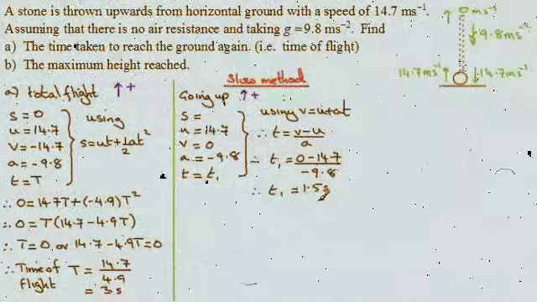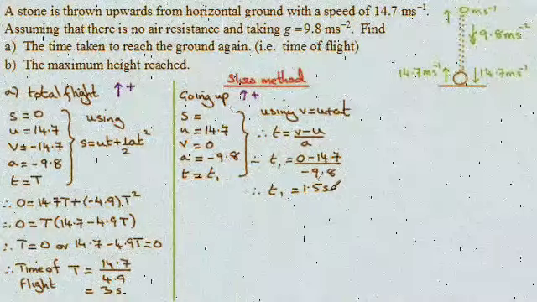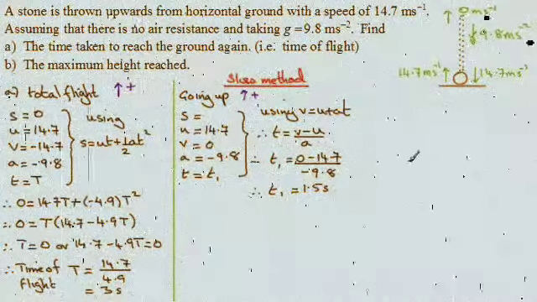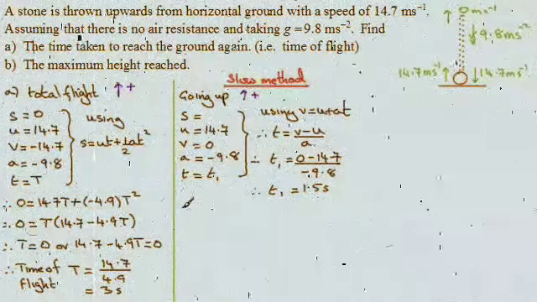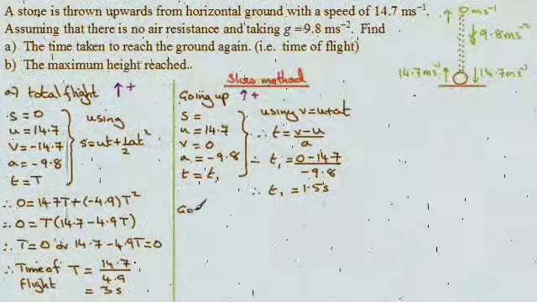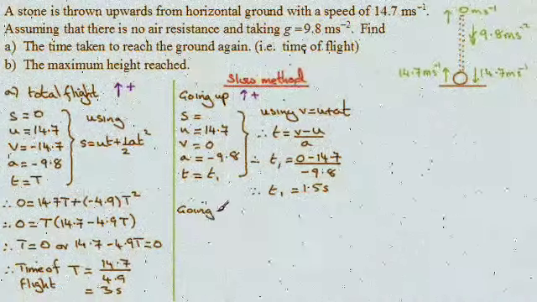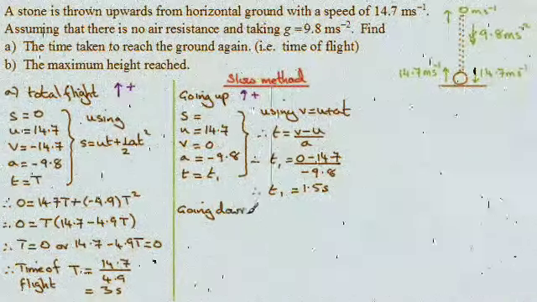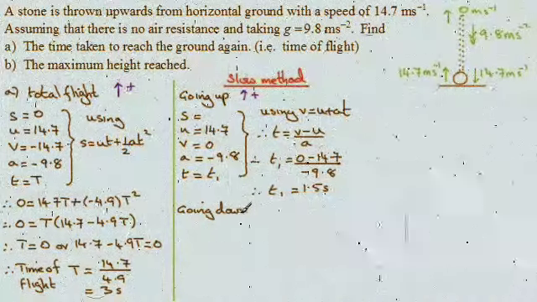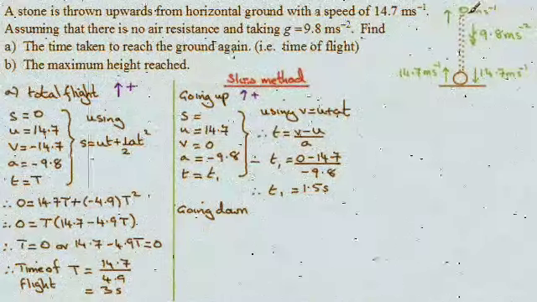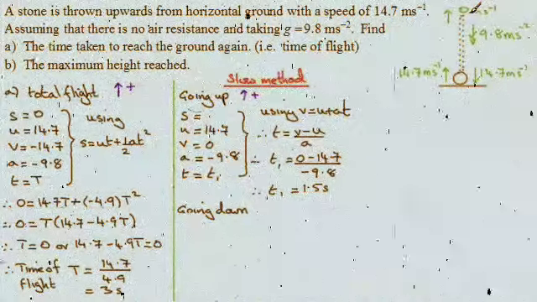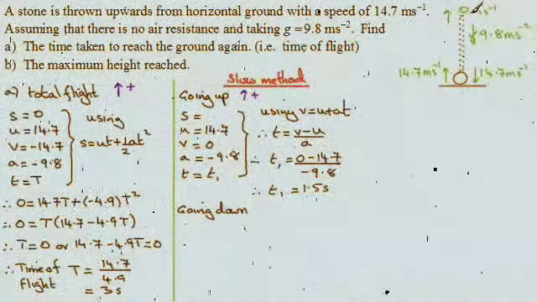But that's not the point behind this. I want to just show you how I would handle the next stage coming down, okay? If I was to look at going down, let's just put it here, going down. Again, I need to set up a positive sense, but going down, I'm starting from the top here, and it's initially at rest.